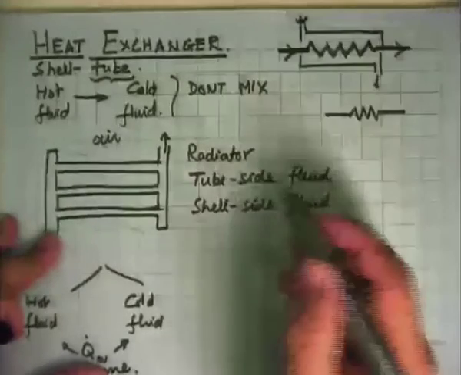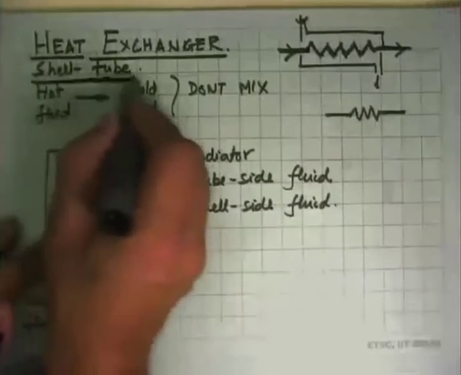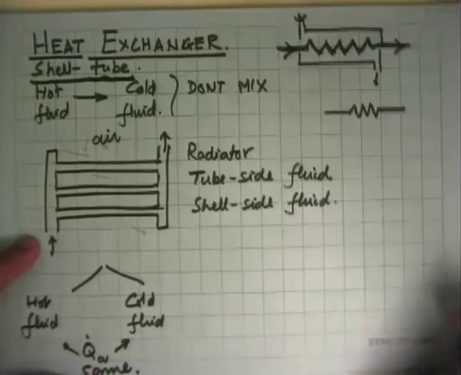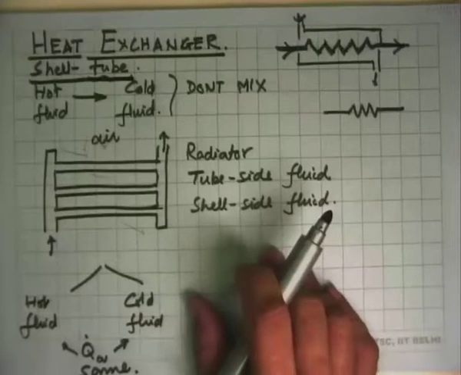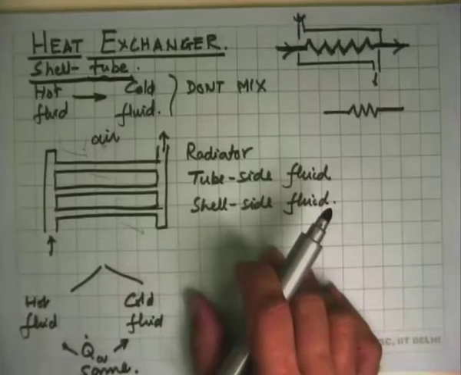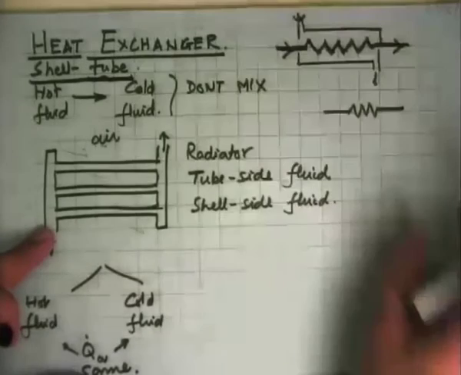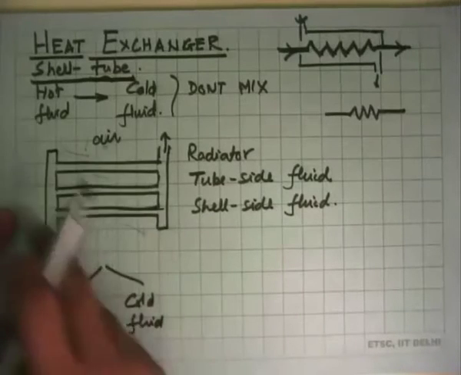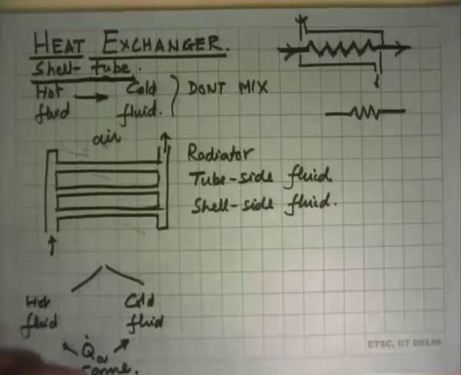So the other fluid flows inside this and comes out. The tube side fluid goes only inside through the tubes. So when you make this entire thing, it is known as a shell and tube heat exchanger. And this is a very, very common device used not just in power plants but in refineries, practically any industry where some heating or cooling has to take place. So this is a very common engineered device.